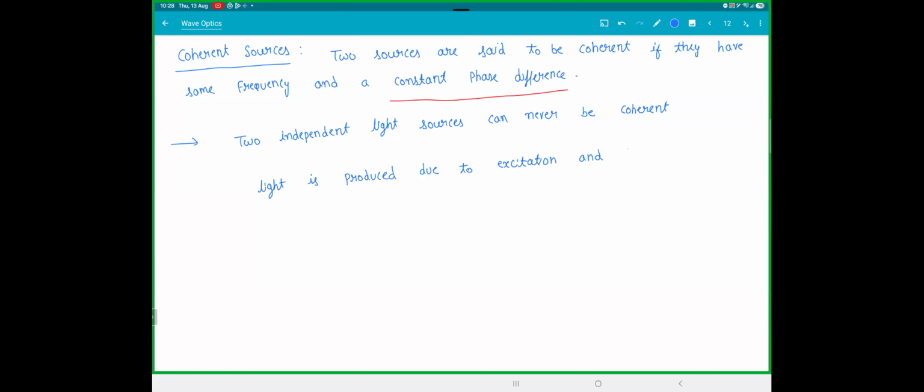So light is produced due to excitation and de-excitation of electrons, which is a random process. Therefore, two light sources will never be coherent. Basically, they'll never be in sync.